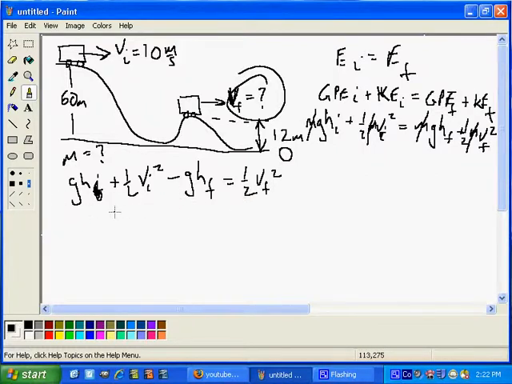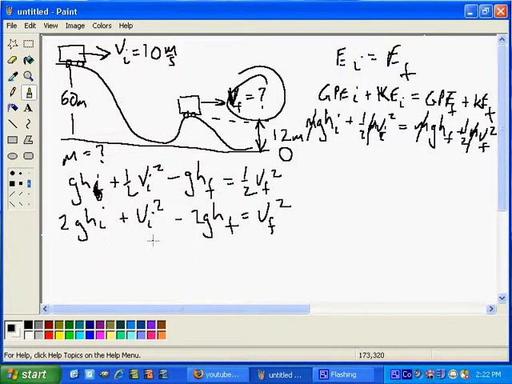And now I'll multiply by the 2. So I have this plus this, that's a 2 h final equals v f squared.